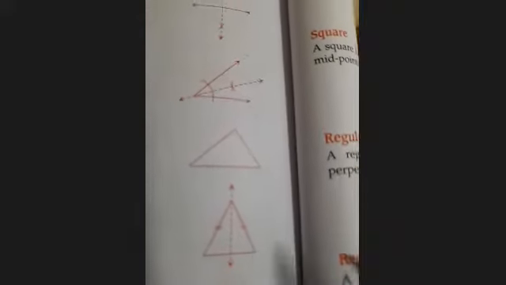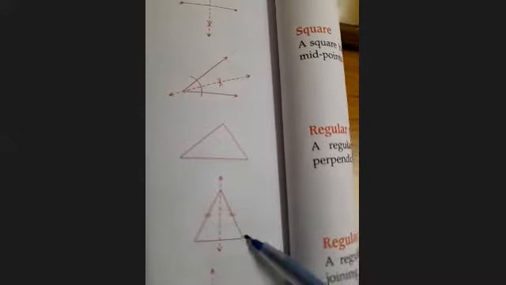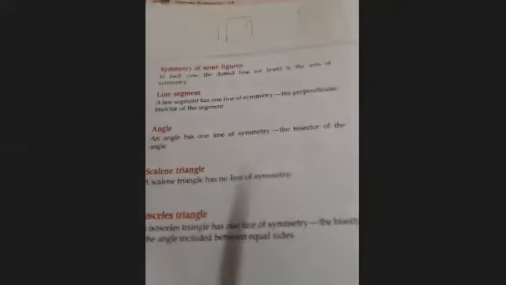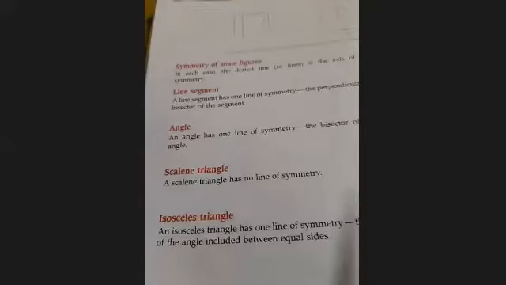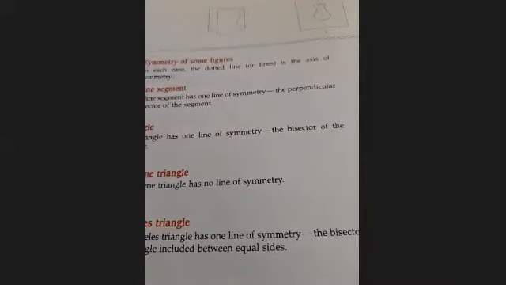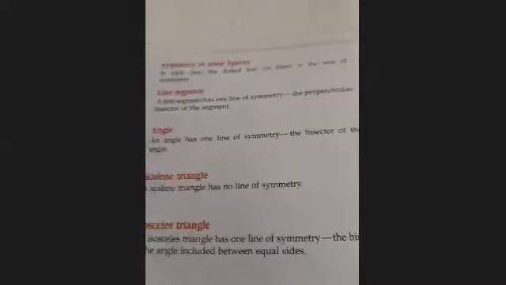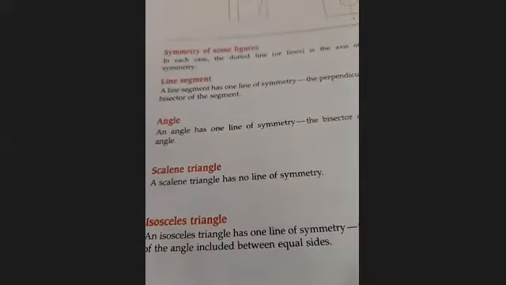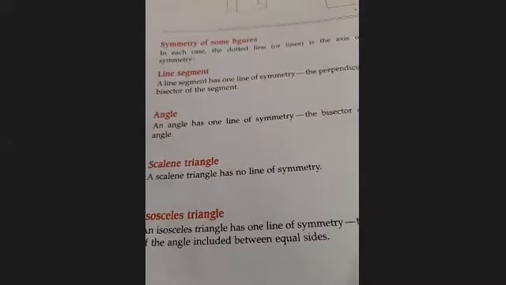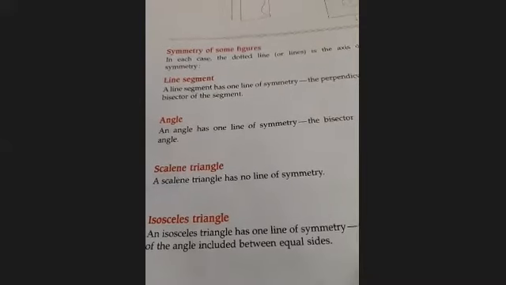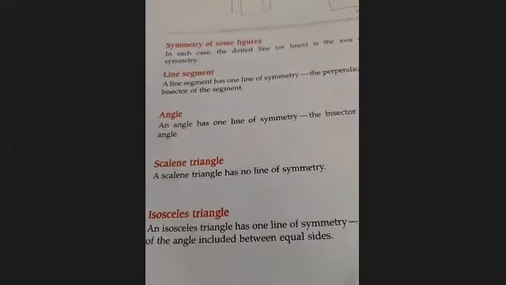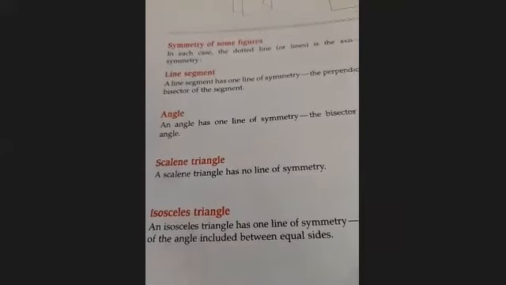This is an isosceles triangle, and the dotted line shows its line of symmetry. So students, an isosceles triangle has only one line of symmetry, the bisector of the angle included between the two equal sides. It means divide this triangle into two equal parts, then you can find the line of symmetry.